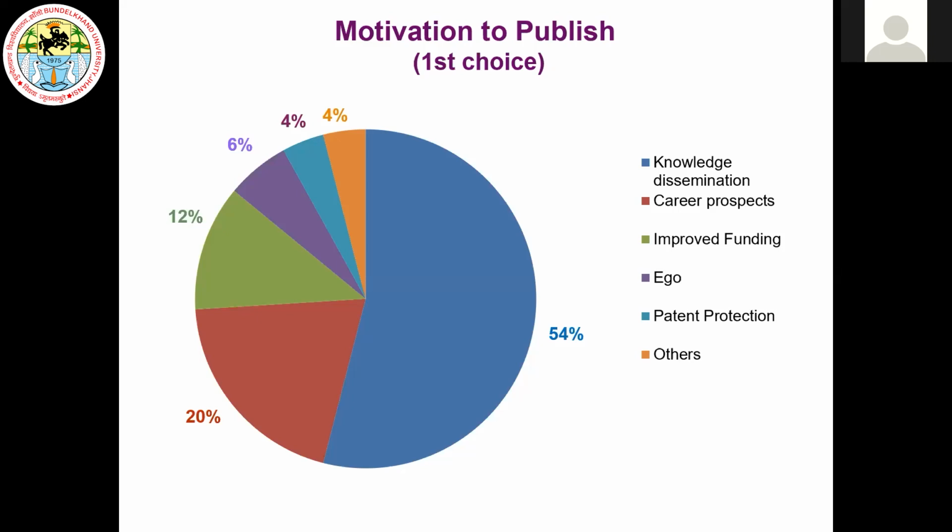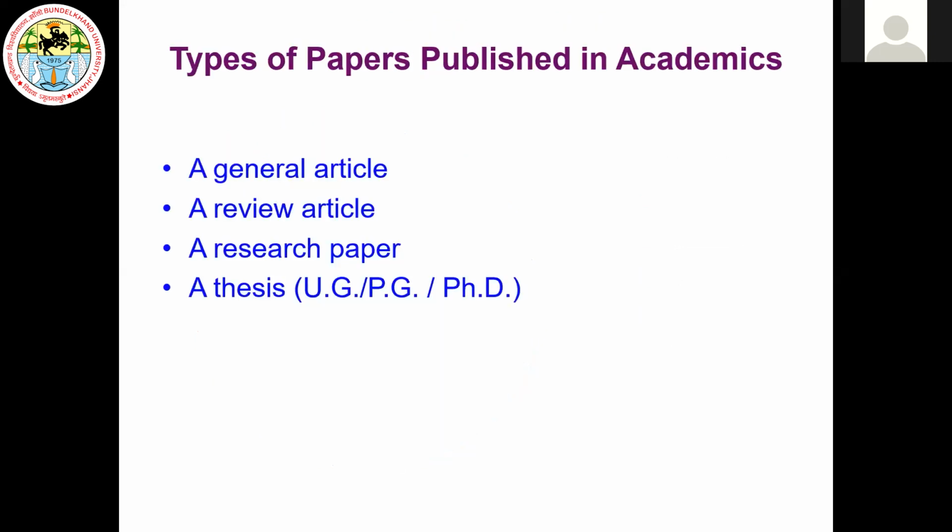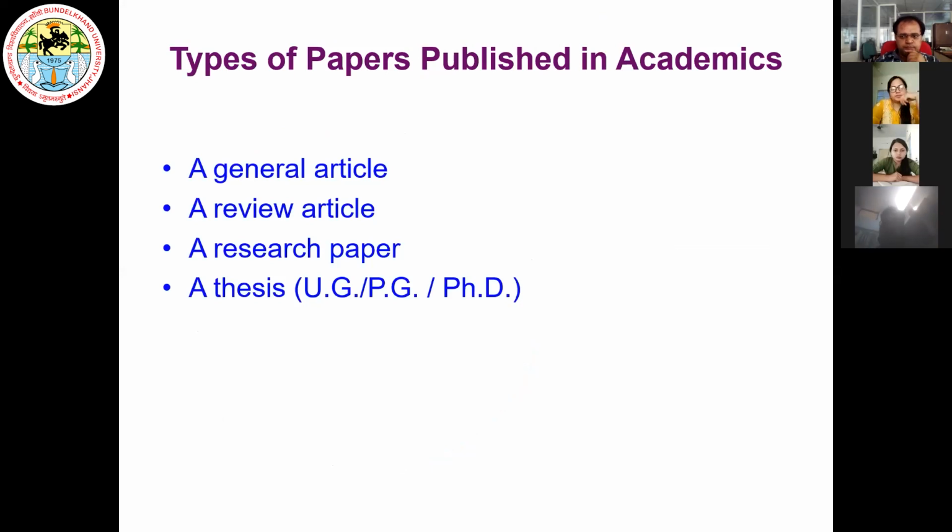That is important. Next is what kind of articles we publish in general in academics. In general, there are 4-5 categories. The first category is a general article, which includes even letters to editors, etc. The second one is the review article, one important publication most of us do.